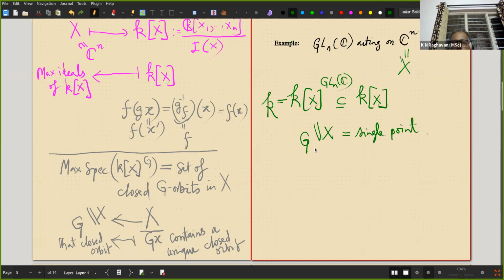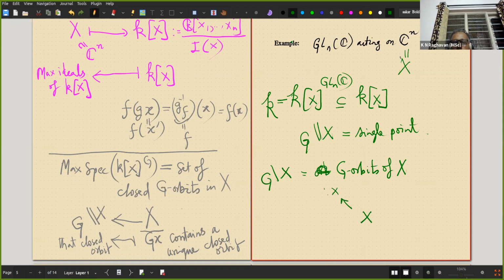Now, maybe this is a good time to explain why this notation. Usually, this stands for the G orbits of X. Here, this is not the map. So what we have is X, the orbits of X, but this is a further quotient, as in this example.